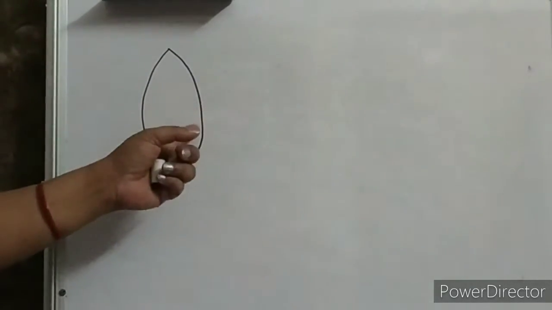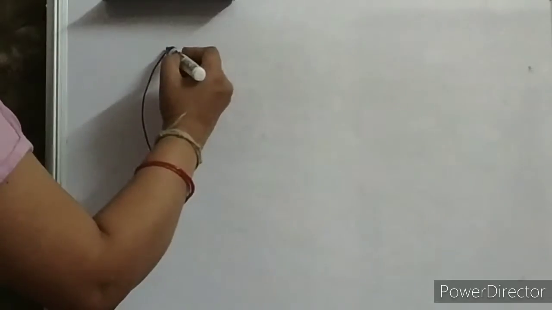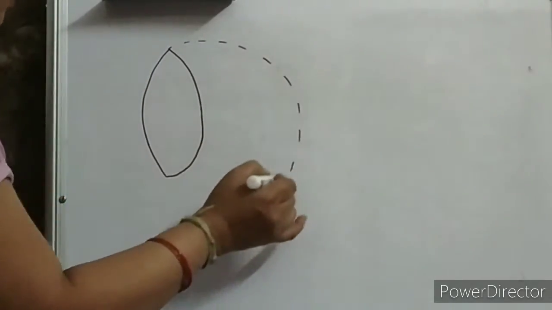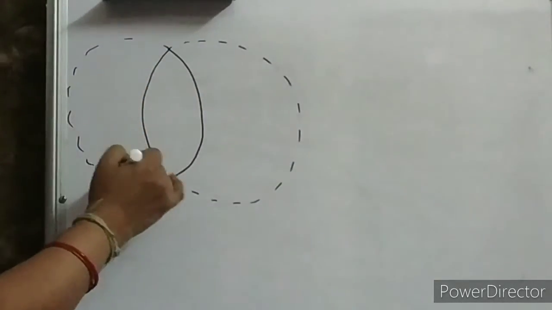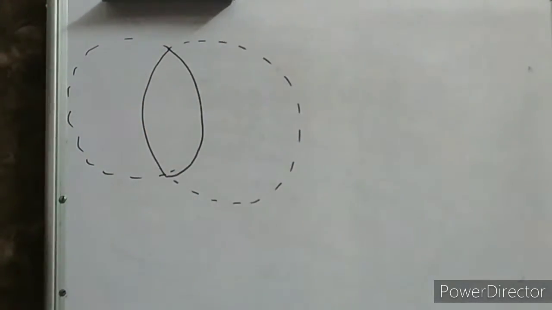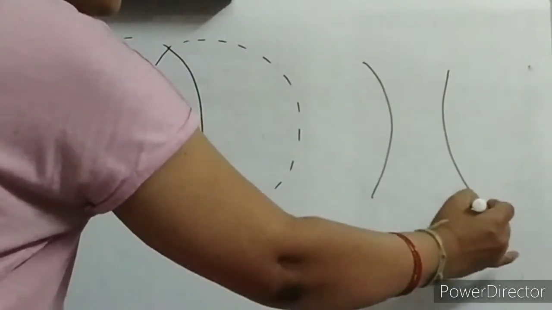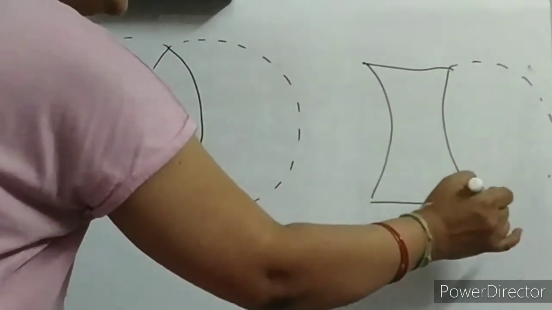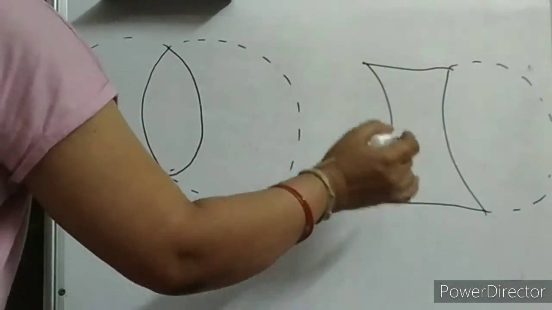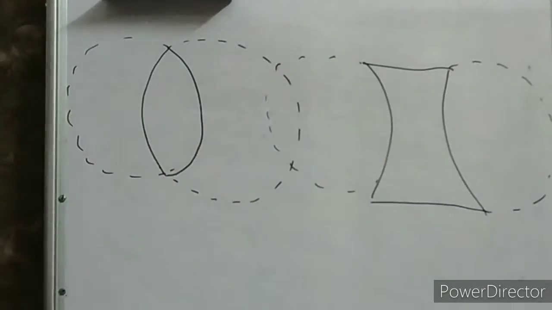These two refracting surfaces are part of a sphere. This side is part of one sphere and this side is part of another sphere. Same in the case of concave.